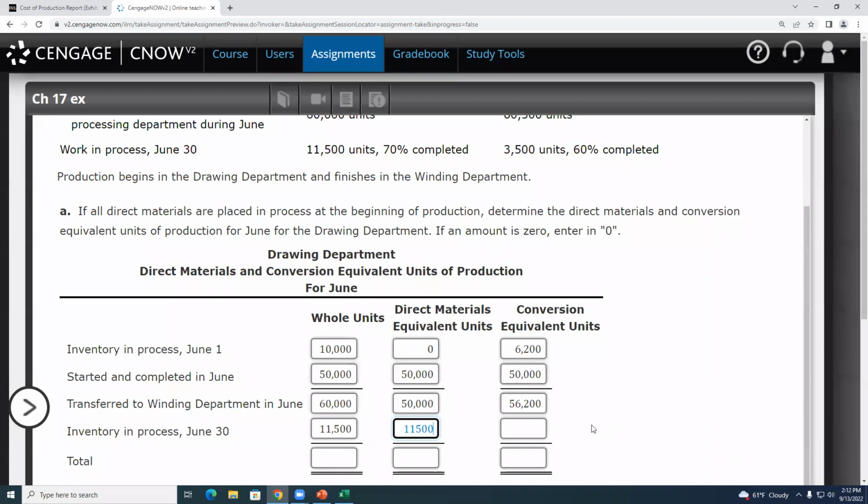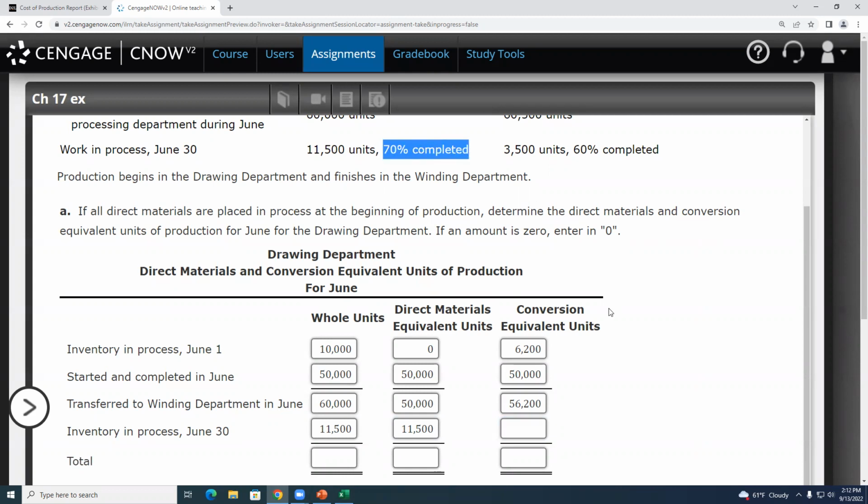And so that means for those units, we added 11,500 units of direct material cost, but not that many units of conversion cost because we weren't done.